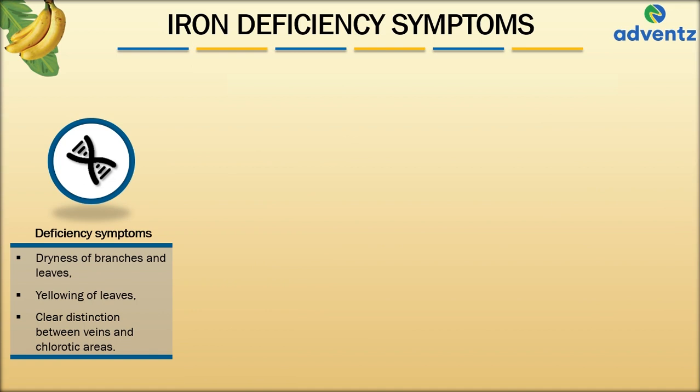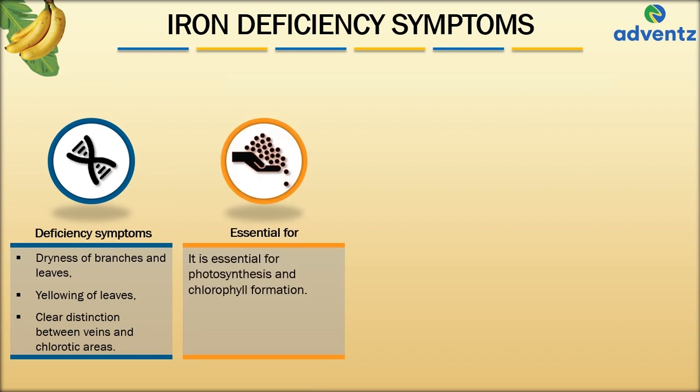Let's recap. Iron deficiency symptoms are dryness of branches and leaves, yellowing of leaves, and a clear distinction between veins and chlorotic areas. Iron is essential for photosynthesis and chlorophyll formation.